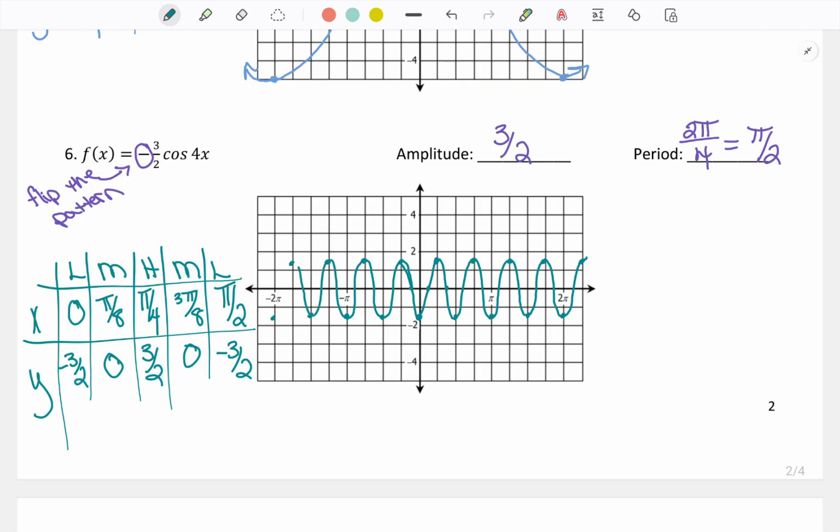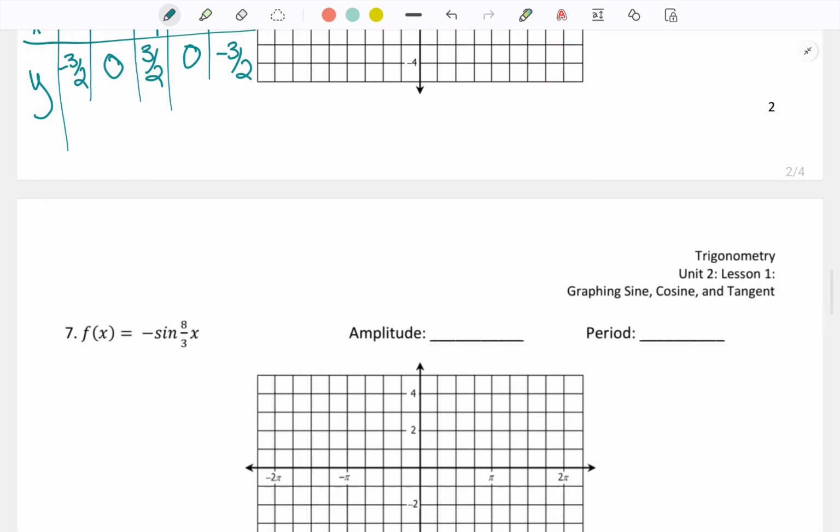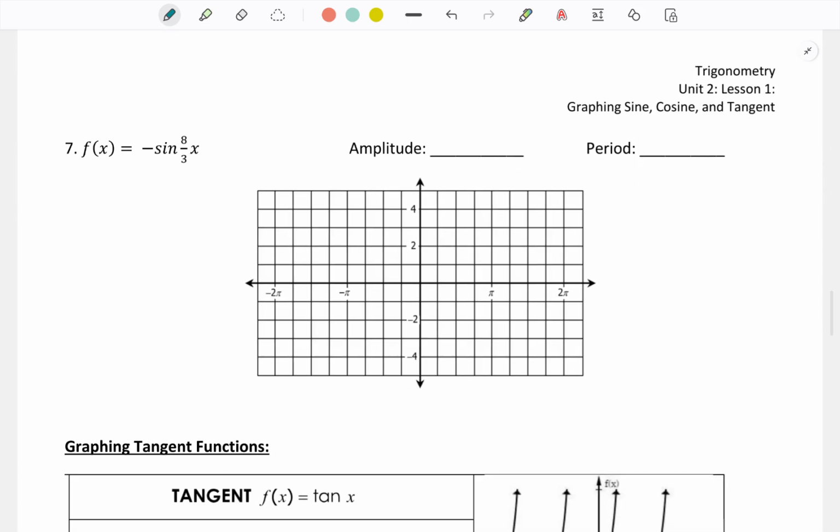So we will just do the best we can. And there we go. Okay.